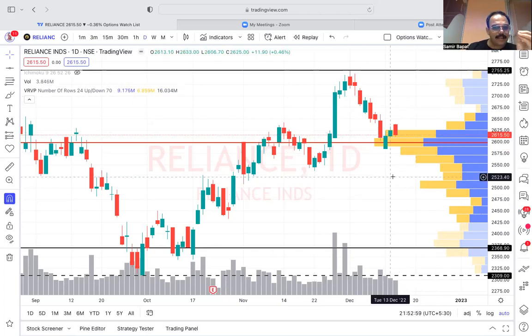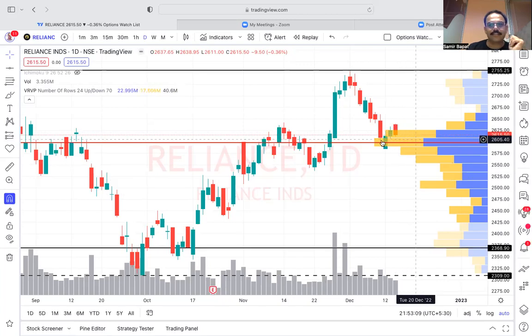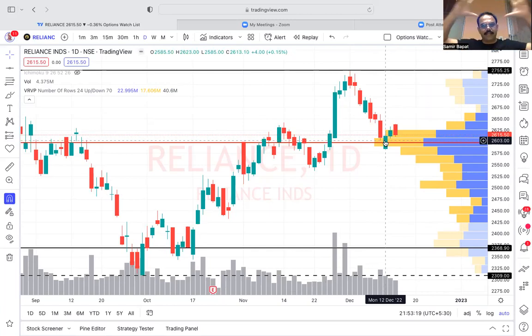In a short term period, if you are trading short term, where do you find the support right now? 2600. Are we getting a demand here with a higher volume profile here? Correct. So one is the long term. If we take the profile of 2 years, we see where there is more demand, so we cannot go wrong in that.